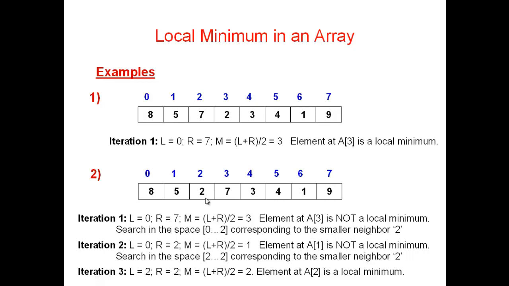So that 2 could be a local minimum provided it is less than the element to its own left. We already found that it is less than the element to its right, which is our middle index. So it could be the local minimum if it is also less than the element to its left. So that means our local minimum is somewhere in the left search space.